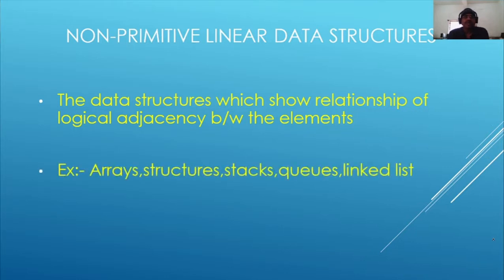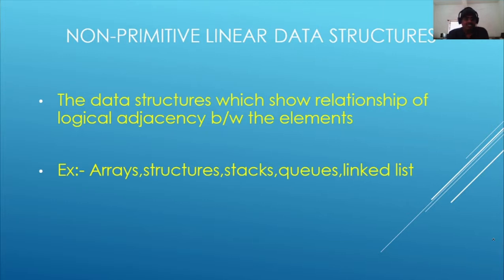What do you mean by logical adjacency between elements? That means if we are able to know the first element, then we can easily identify the next element and the further next elements in that particular data structure. Such a thing we call logical adjacency between the elements.